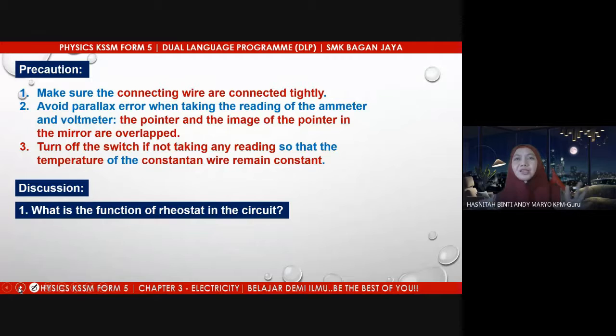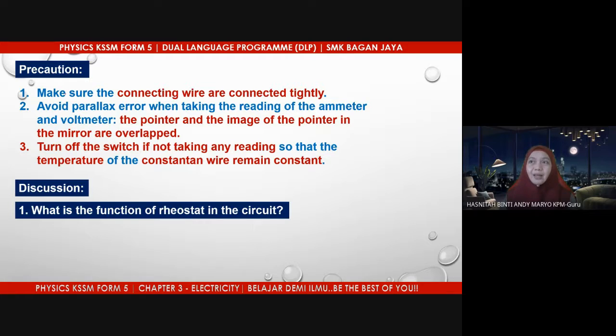But please don't write "don't conduct the experiment with wet hands." There is no such precaution in physics. It is true you cannot do it with wet hands, but technically we don't write it that way. So normally these are the three precautions you can write when dealing with an electrical experiment.